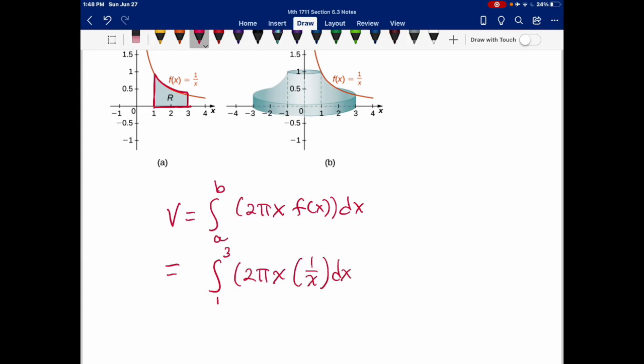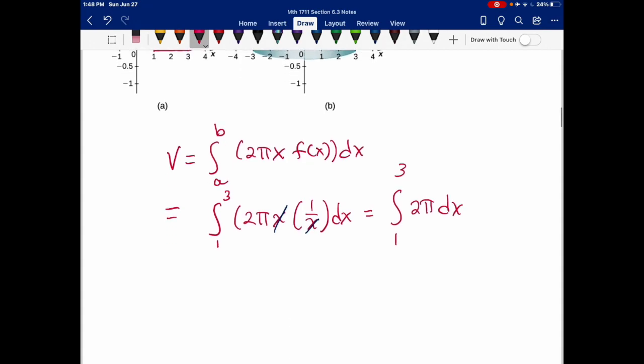We have 2 pi x, and then the function is 1 over x, and then we have that as dx. When I clean that up, I can cancel those x's. x times 1 over x disappears, and it turns to 1. So now I'm integrating from 1 to 3, just the constant 2 pi.